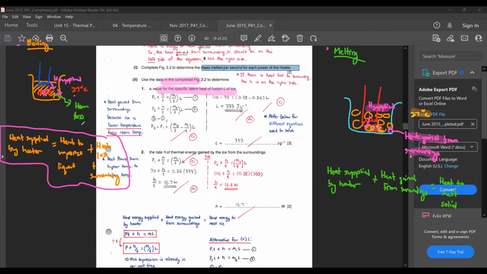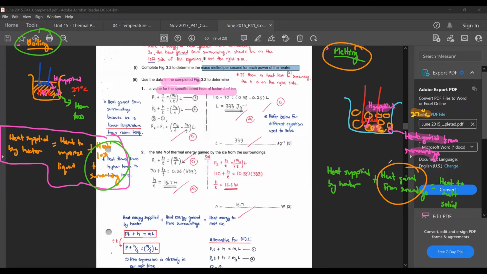Okay, so notice the term for heat loss or heat gain here is on a different side of your equation. If it was boiling, heat loss to surroundings is on the right side. If it was melting, it is heat gain from surroundings, and it will be on the left side of your equation.